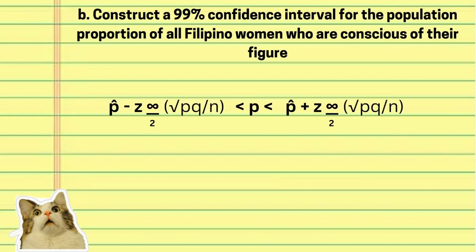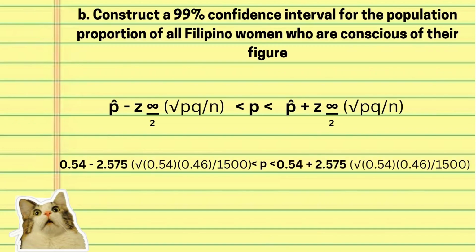Now to solve the confidence interval, the equation will go 0.54 minus 2.575, which is the critical value since the degree of confidence is 99%, times the square root of 0.54 times 0.46 over 1,500, and 0.54 plus 2.575 times the square root of 0.54 times 0.46 over 1,500.